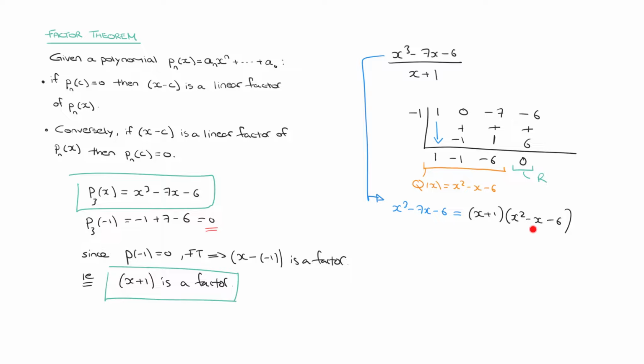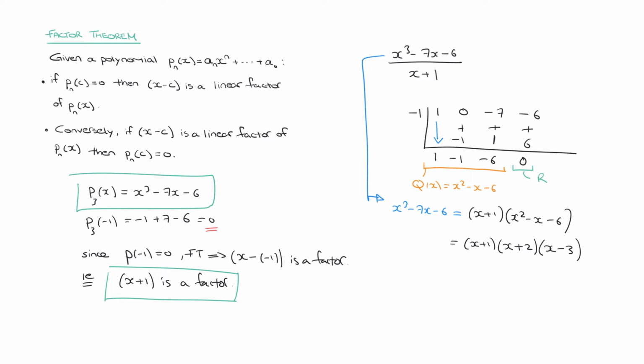So x squared minus x minus 6, hopefully you'll appreciate that I could rewrite that as x minus 3 times x plus 2, if I write it in factored form. In other words, that's the same thing as x plus 1 times x plus 2, times x minus 3. Done. I've now rewritten that cubic in fully factored form, as a product of its linear factors.